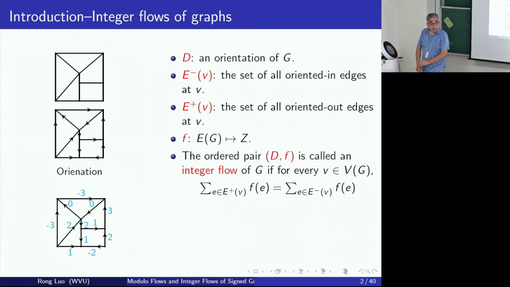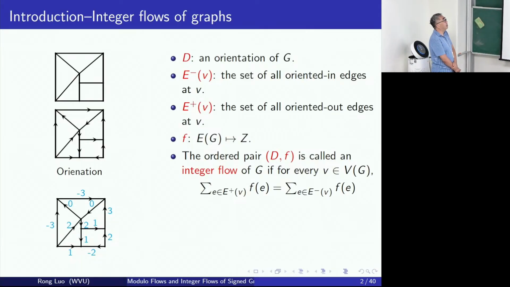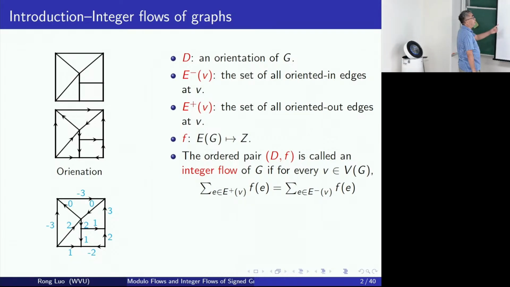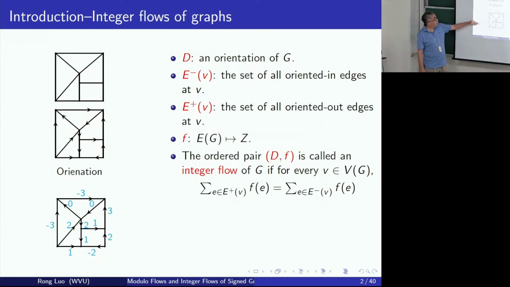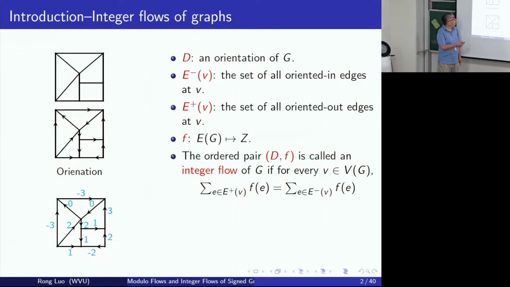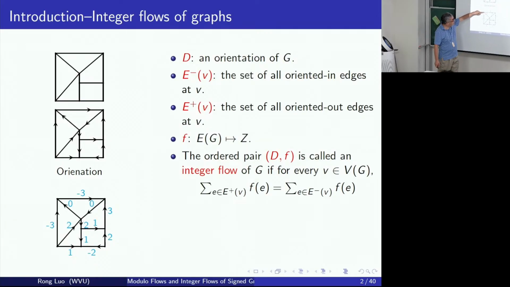The orientation together with the weight function f is called an integer flow if at each vertex the total inflow equals the total outflow. For instance, look at this vertex. We have two edges oriented in, so the total inflow is -3 plus 0, which is -3, and one edge oriented out, so the outflow is -3.